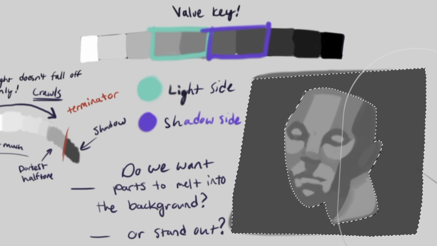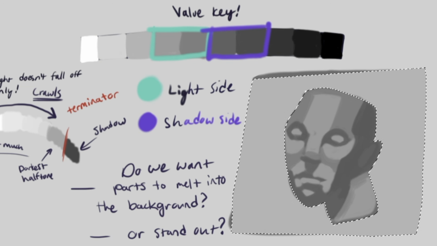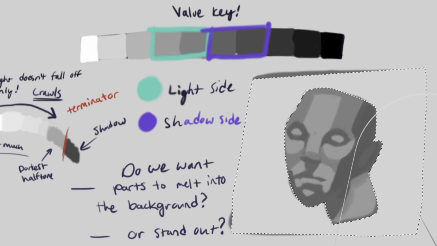It's often forgotten to make sure the value of the background isn't the same or too similar as a value from the foreground, unless you deliberately want parts of the image to fall away into the background.